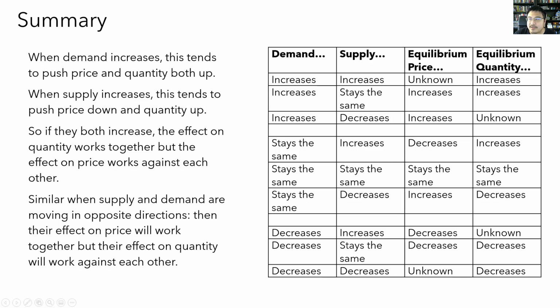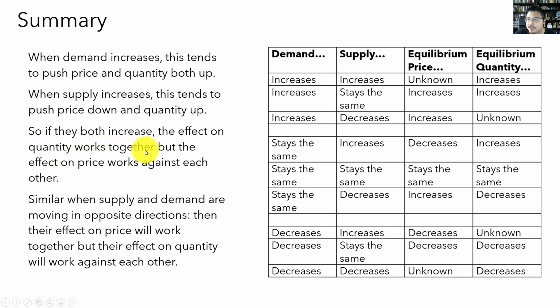So the reason that happens is because when demand increases, this has the effect of wanting to push up both the price and the quantity. But on the other hand, when supply increases, this has the tendency of wanting to push down the price, right? But push up the quantity. So if both supply and demand are increasing, the effect on quantity, they work together in the same direction, right?